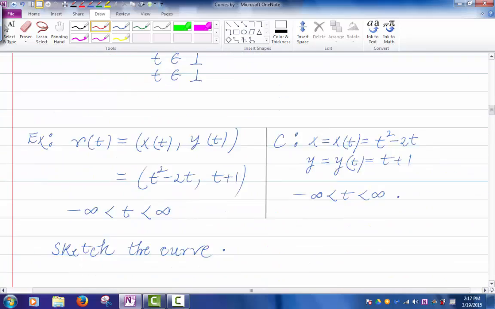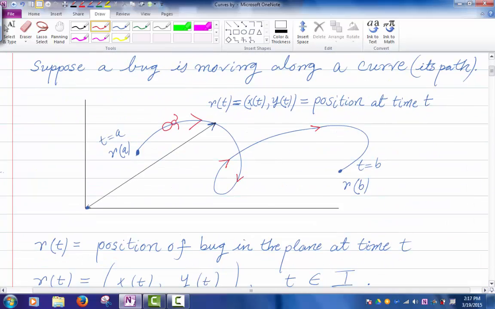But one thing that I want to allude to is that some of the important things we want to know about the curve is what's the slope of the curve at a given point. So given a point like this, what's the slope of the tangent there? Why is it important to know the slope?